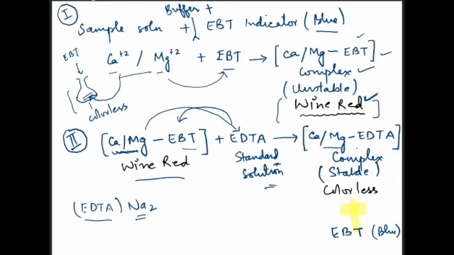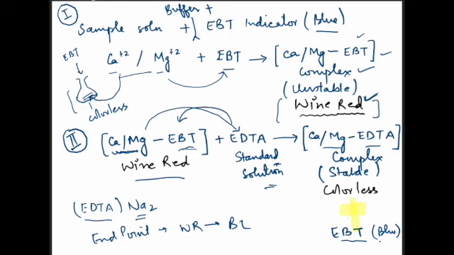I get metal EDTA complex. Very unfair on the part of the metal ions, but still we have to bear with it, and the EBT is left behind alone. But the color of the solution finally that we get is blue in color. So the end point of this experiment is wine red to blue.